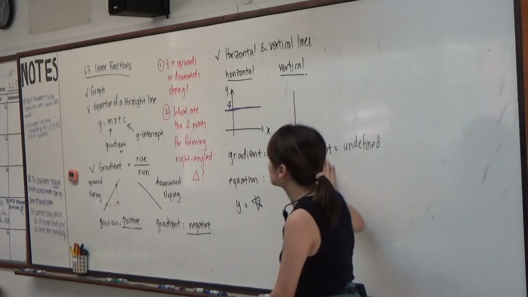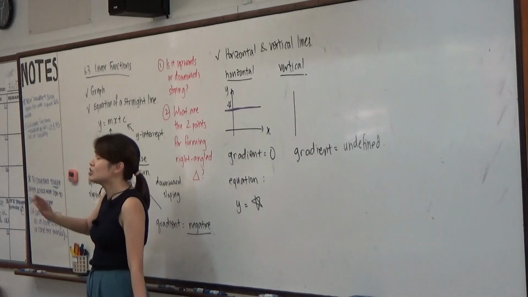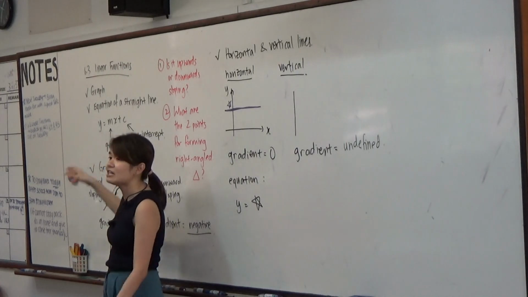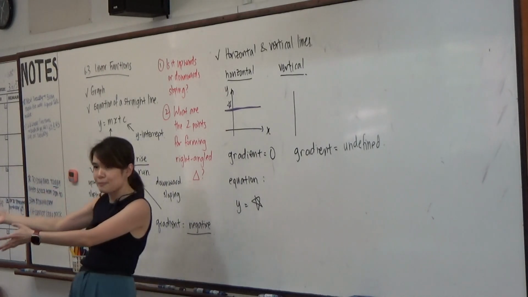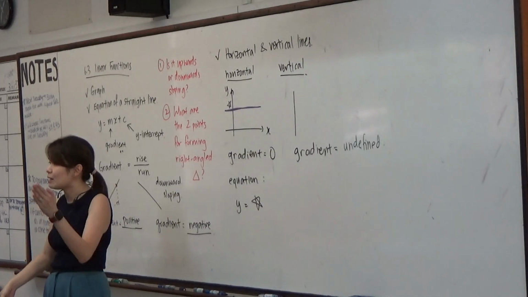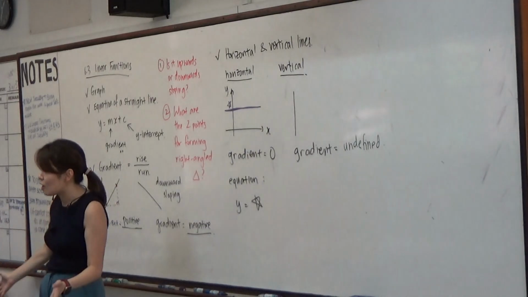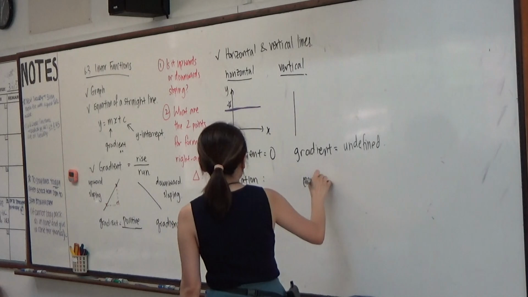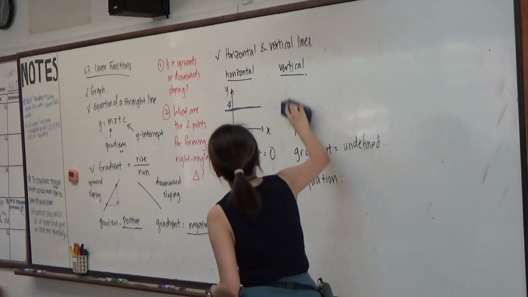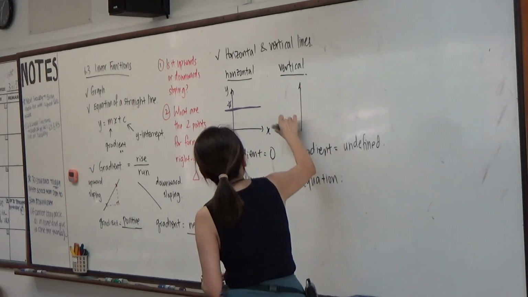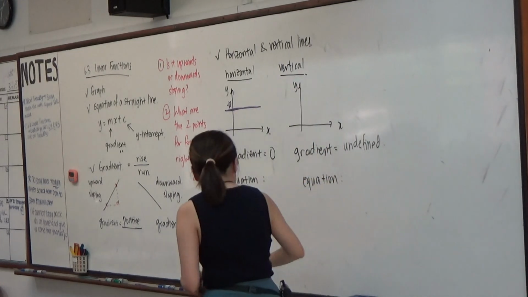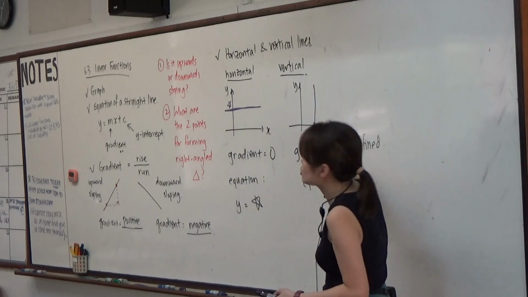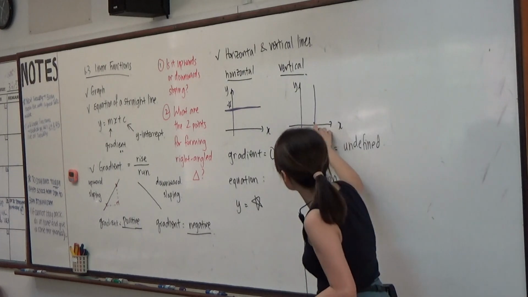For vertical lines, our gradient is undefined. You cannot just write y equals to undefined x plus c. No such thing, because undefined is the word, x is a variable. Otherwise, it will become u times n times d times e and all that. It doesn't make sense at all. So therefore, the equation for vertical lines is defined such that if you have a pair of axes and the vertical line is in this manner, it will pass through a certain number on the x-axis.